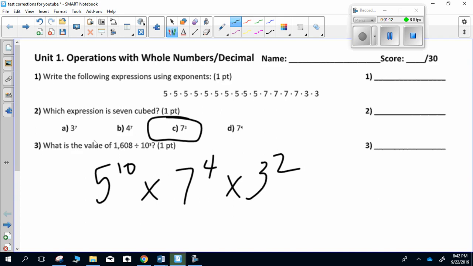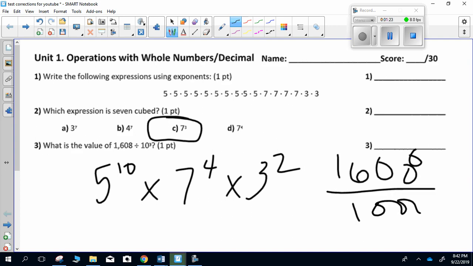And the final one in this page, what is the value of 1,608 divided by 10 to the 3rd? So it's 1,608 divided by 1,000, because that's 10 to the 3rd. And if I do that, my answer is 1 and 608 thousandths.